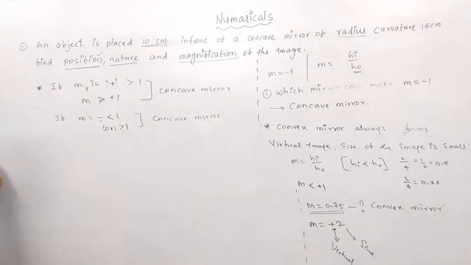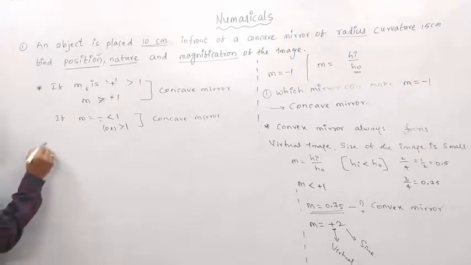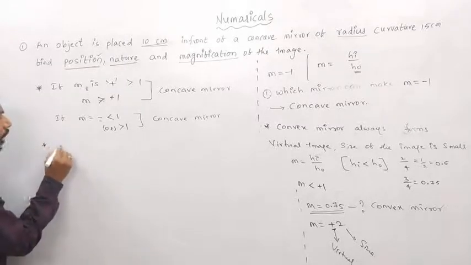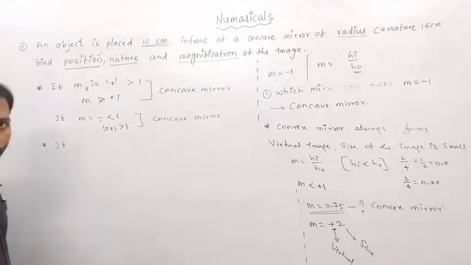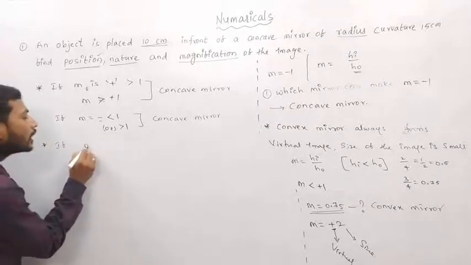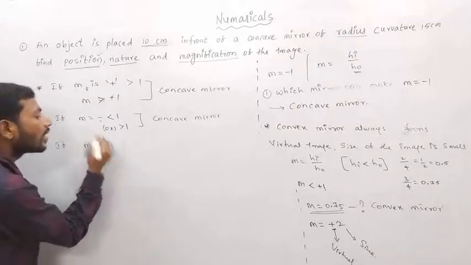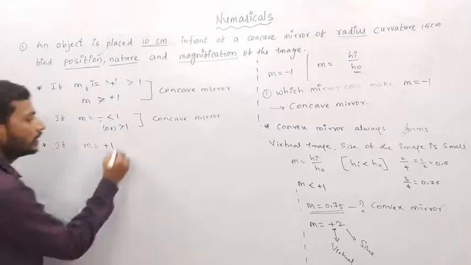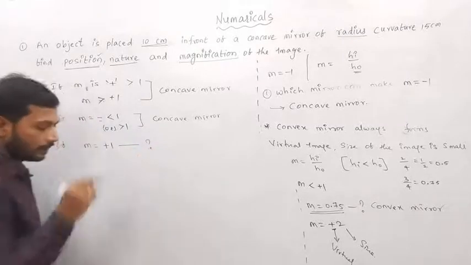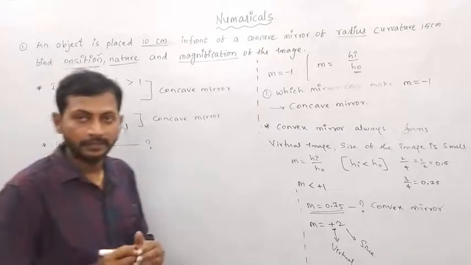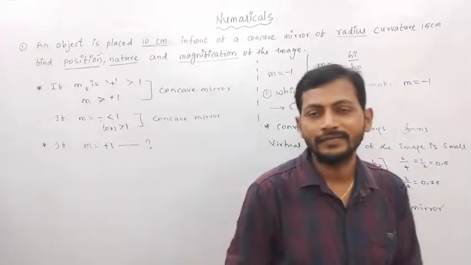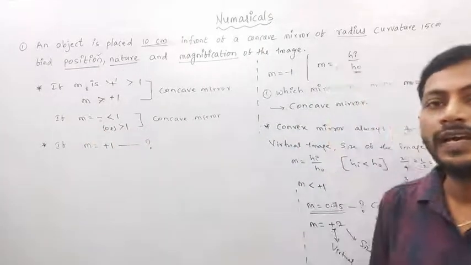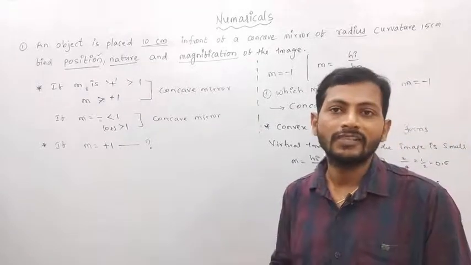Clear, children? Next, one more question I am going to ask. Sometimes for competitive purposes it will be given: if M equals +1, which type of mirror is this? It is not in concave mirror, it is not in convex mirror.